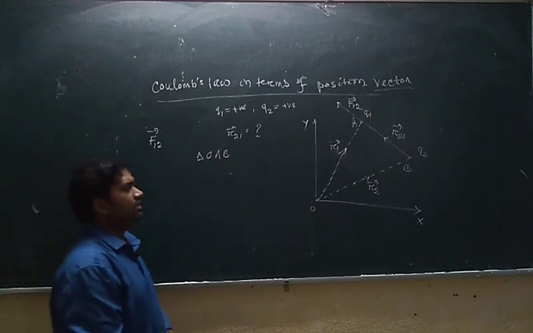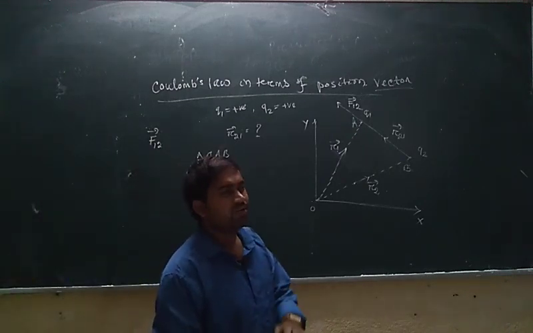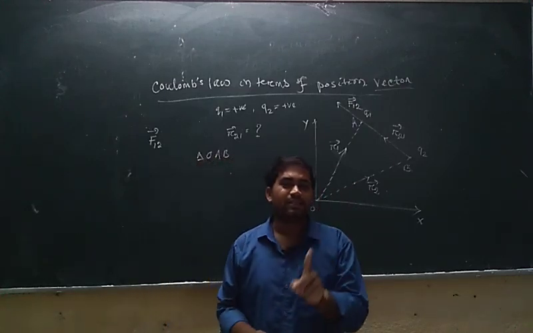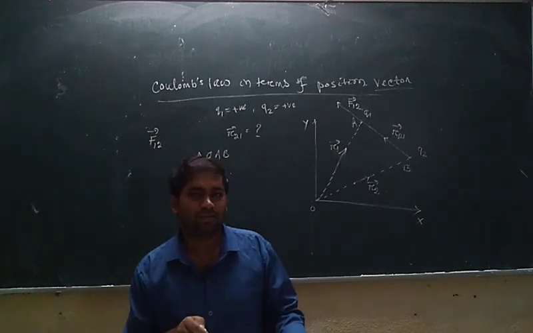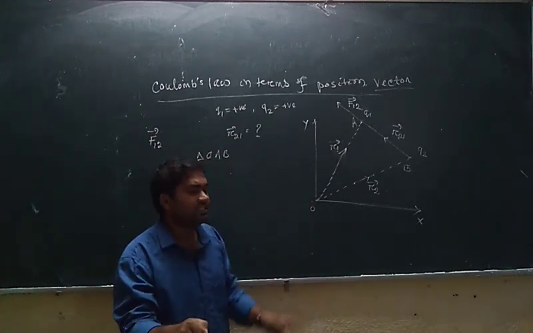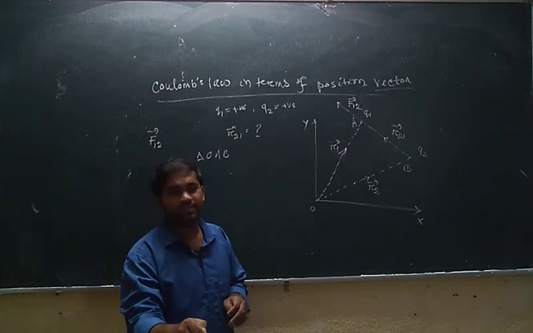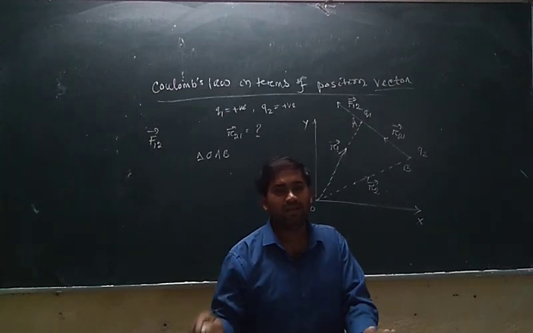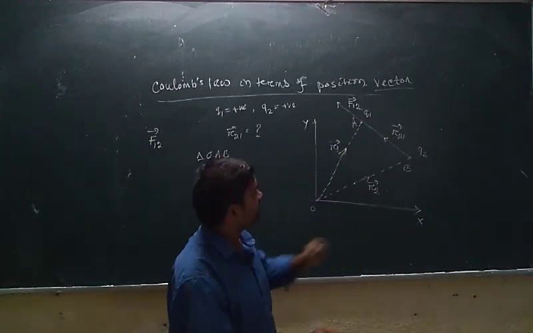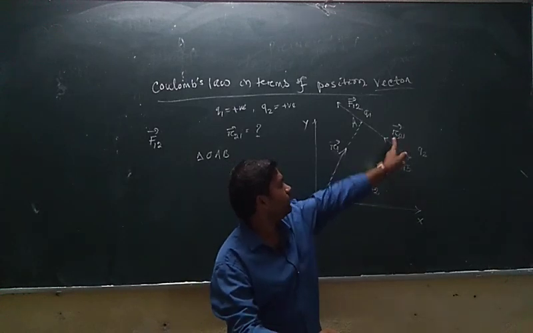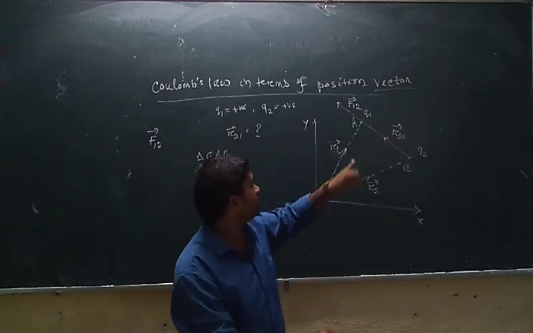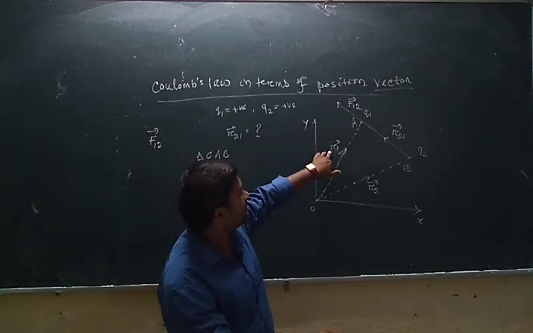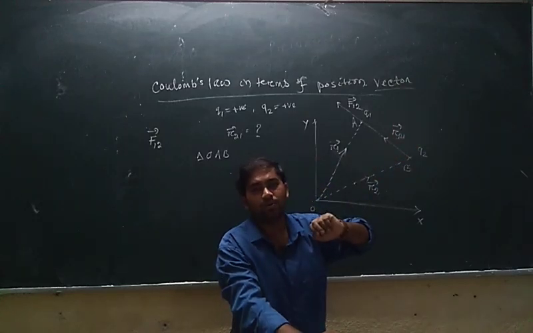Triangle OAB satisfies the triangle law of vector addition, which means two vectors lie in the same order and the third vector lies in the opposite order. The same order vectors are R2 and R21, and the opposite order vector is the R1 vector. So we can say R1 is the resultant of R2 and R21.